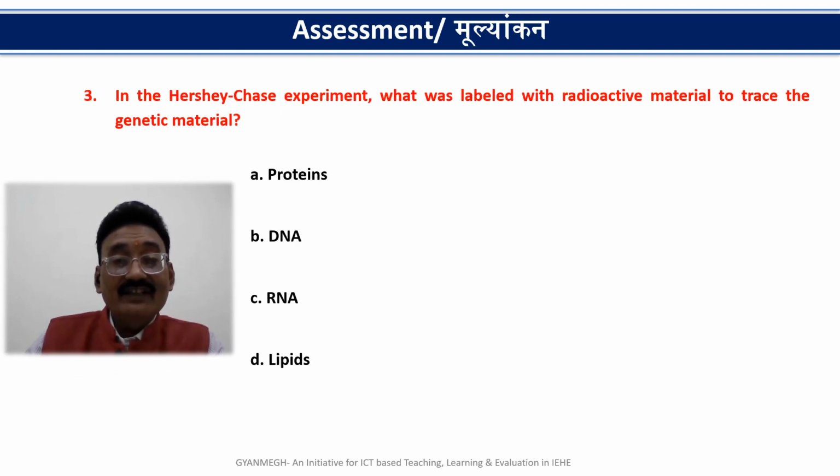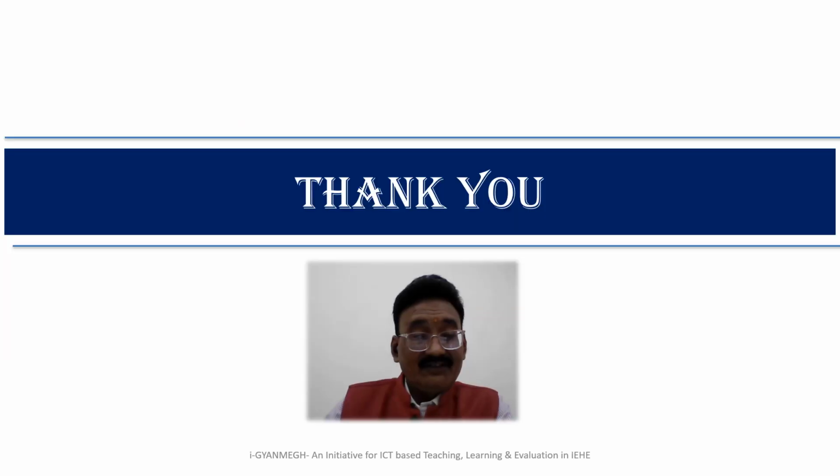In the Hershey and Chase experiment, what was labeled with radioactive material to trace the genetic material? The options are proteins, DNA, RNA, lipids. The answer is protein.